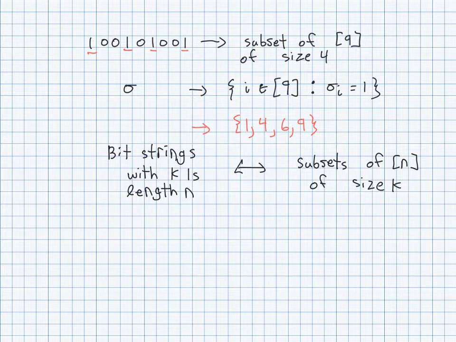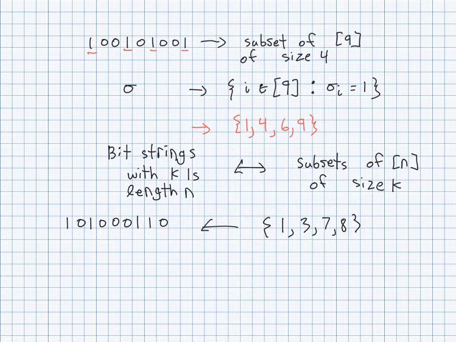And it turns out you can actually go backwards given a subset. For instance, let's say 1, 3, 7, 8. You could see exactly which bit string that had to have come from. Well, the first entry had to have been a 1, the second entry is a 0, the third entry is a 1, the fourth, fifth, and sixth entry are zeros, the seventh entry and the eighth entry are 1s, and the last entry is a 0.